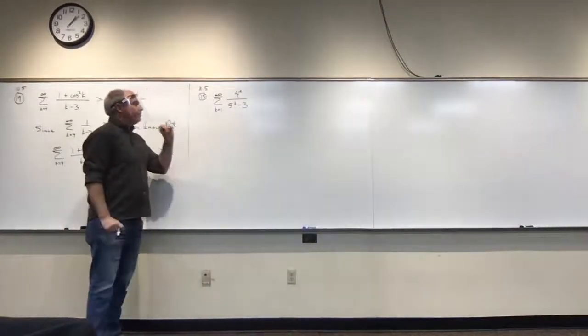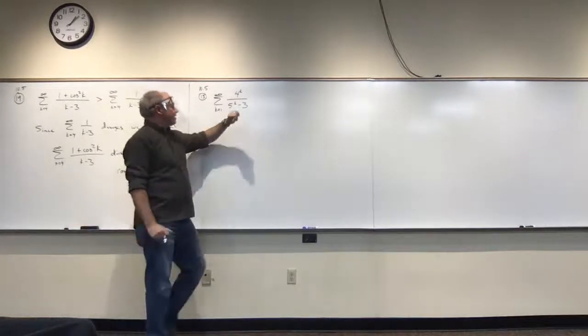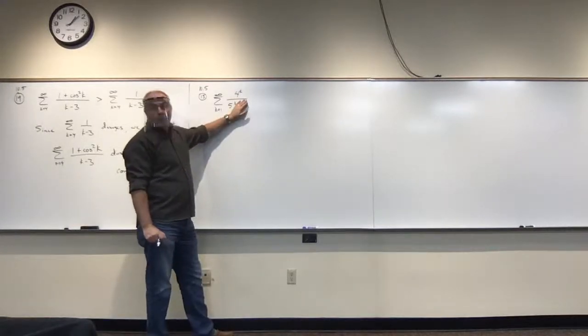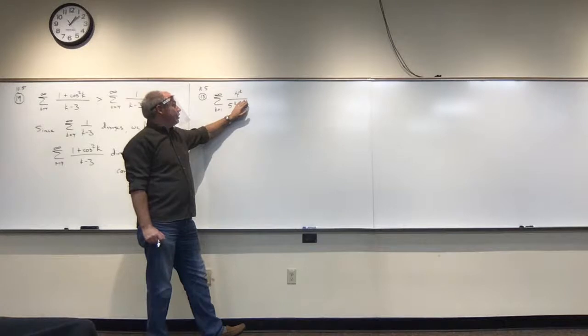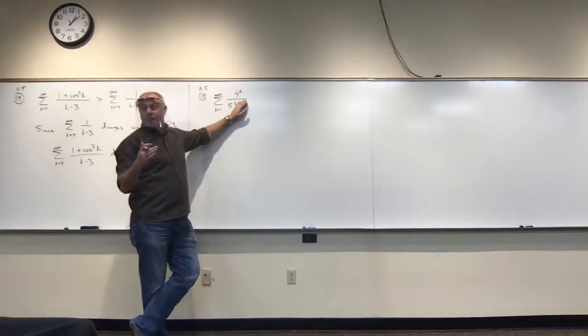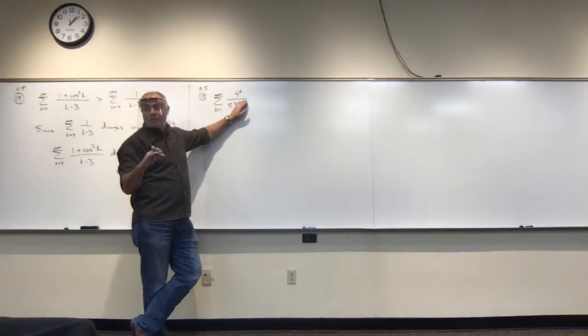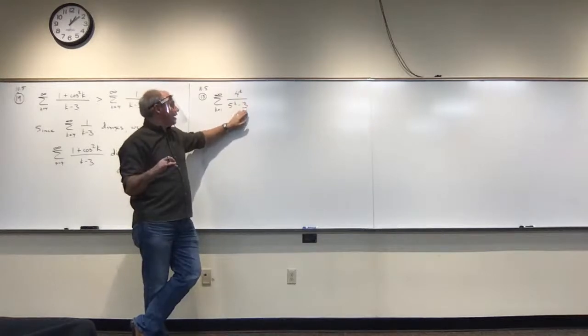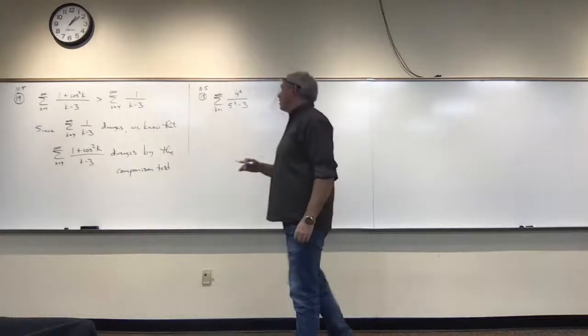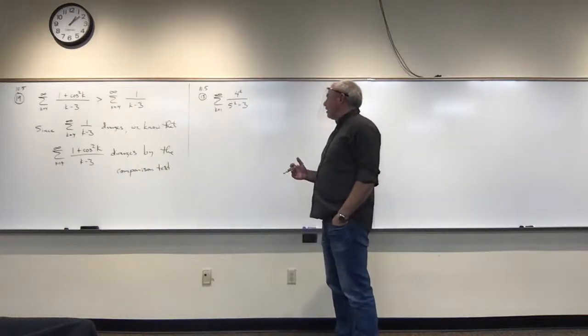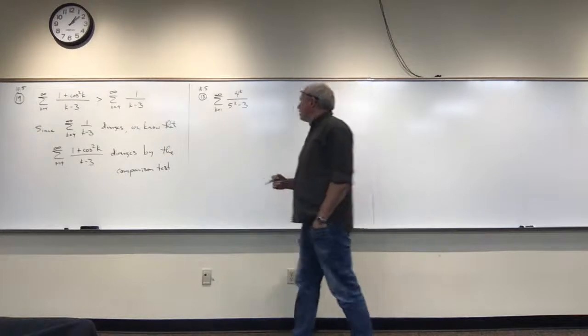Okay, so something that I noticed right off the bat is if this minus 3 weren't there, then what would this be like? What's that? Yeah, it would be geometric, and it would converge because the ratio is 4/5. Correct? So this is sort of kind of like a geometric, but it's not geometric. But maybe we could compare it with a geometric and see what we get, okay?